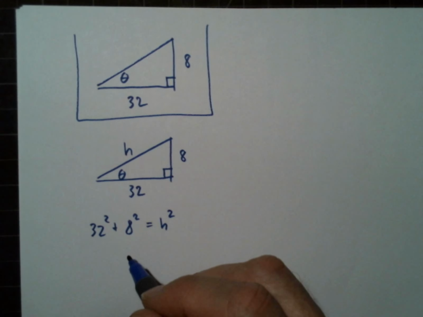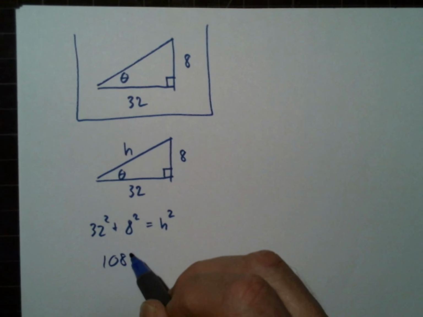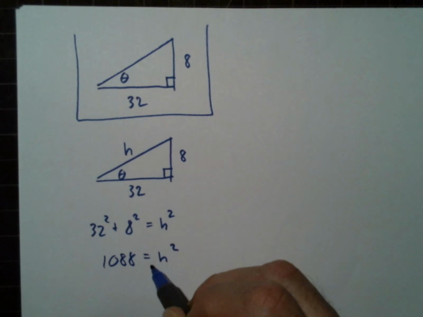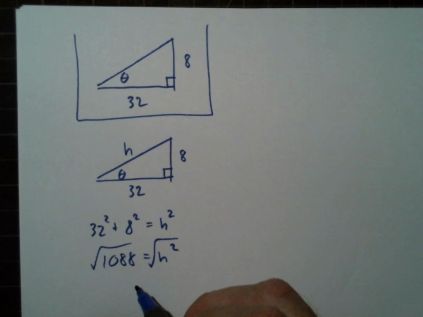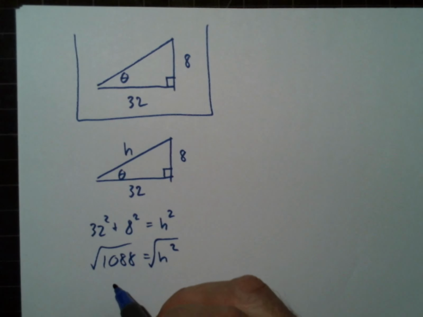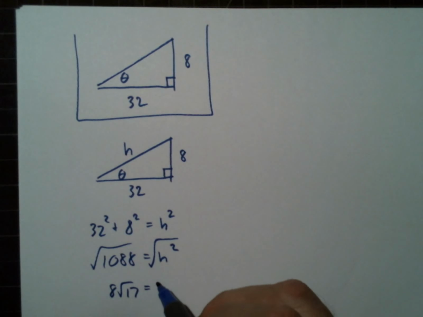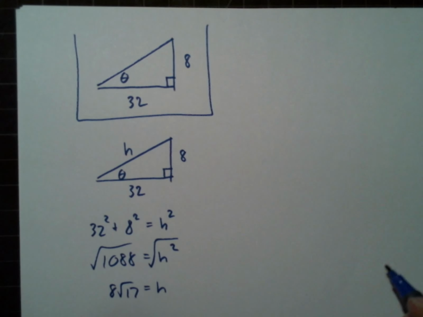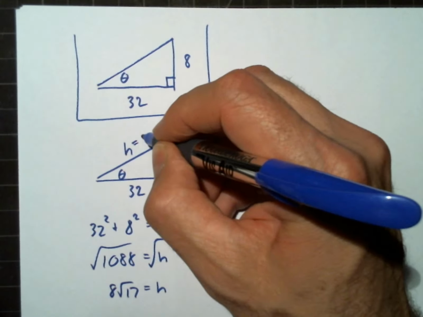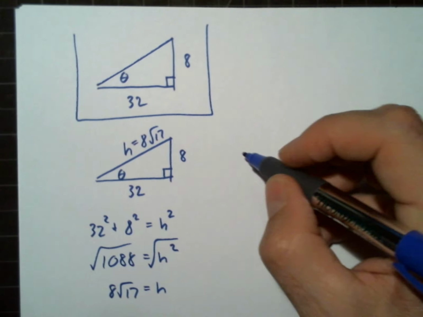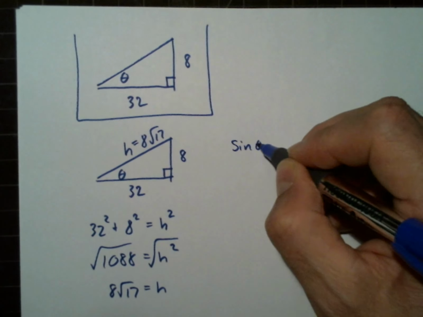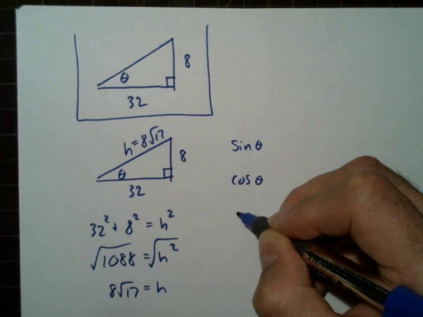And that's 1088. It reduces to 8 radical 17. And then we find all the trig ratios.